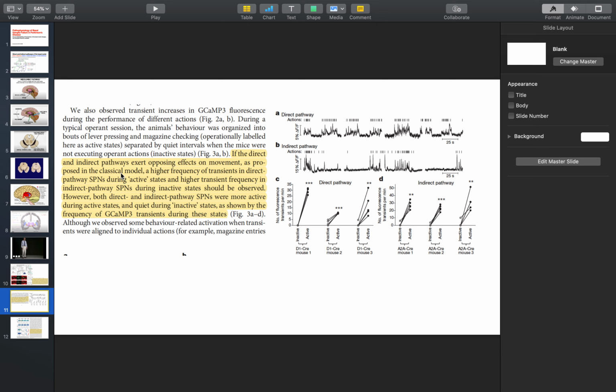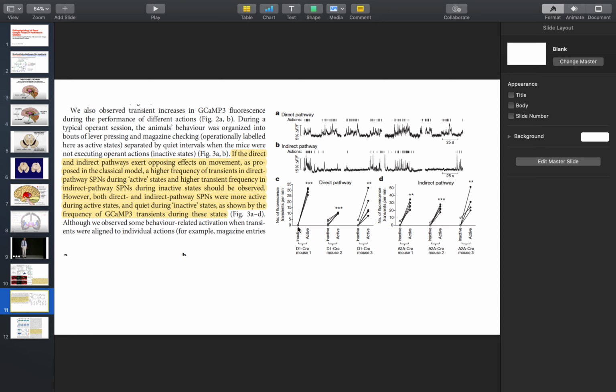And this part of the study just shows that the classical theory of the basal ganglia was that the direct and indirect pathways have opposing effects on movement, right? But here, what they found was that whether or not a freely moving animal is excited with the laser during the inactive or active state, indirect or direct, you can see that it's still inactive.